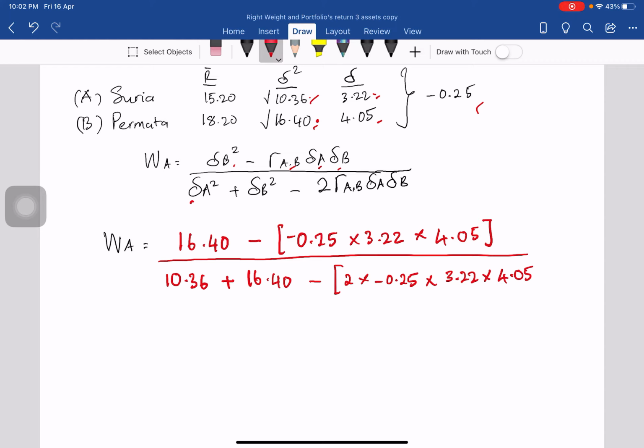When you calculate this, you will get weight A equal to 0.59.